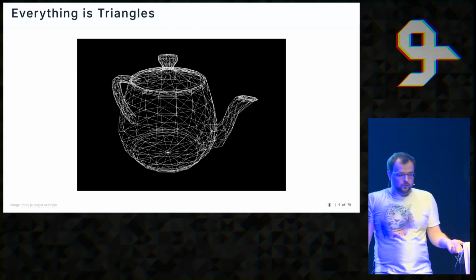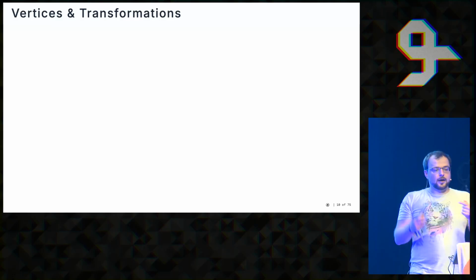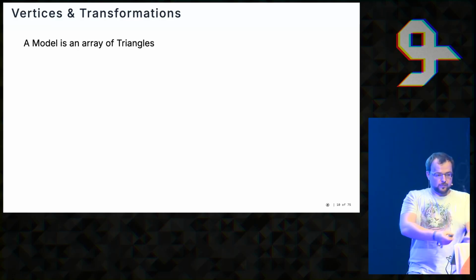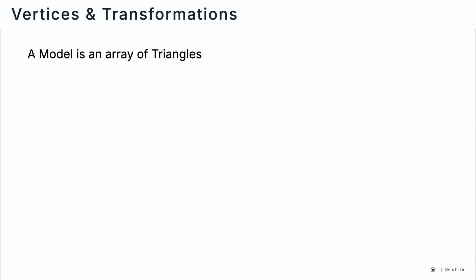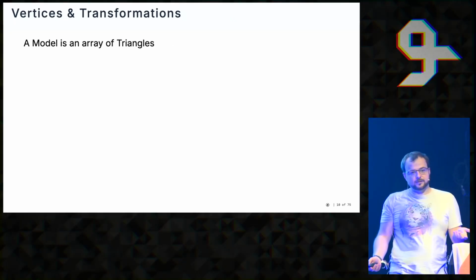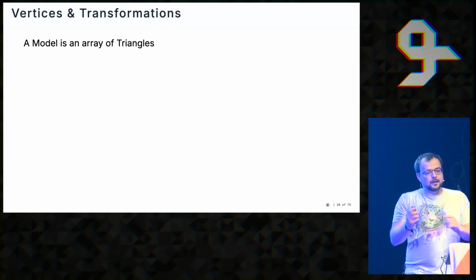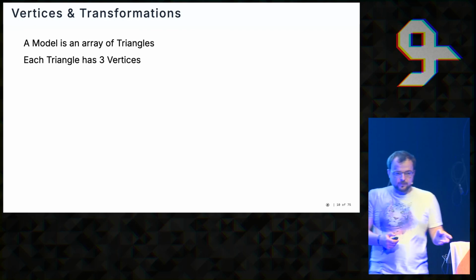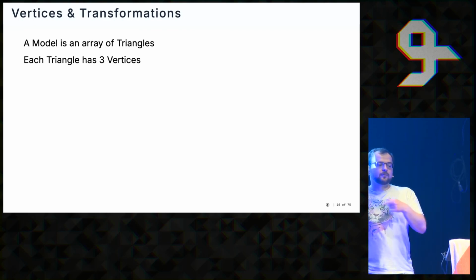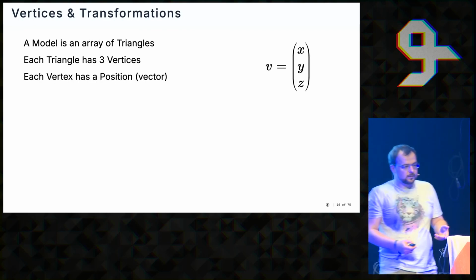To introduce some terminology, one object that we're rendering is a model, and a model, for our intents and purposes, is an array of triangles, kind of like an STL file. Each triangle has 3 vertices, and here we're working in 3D space.